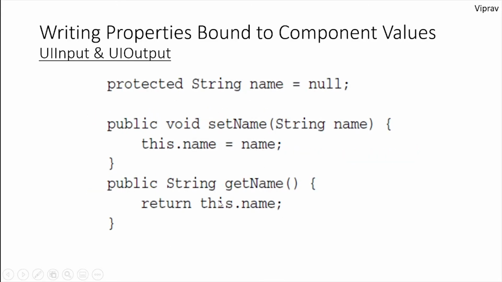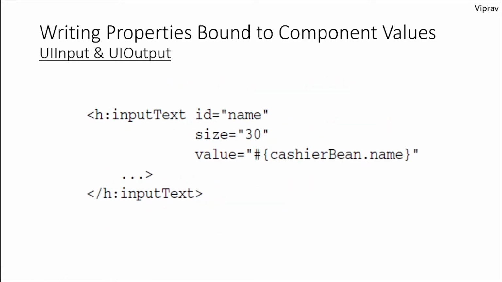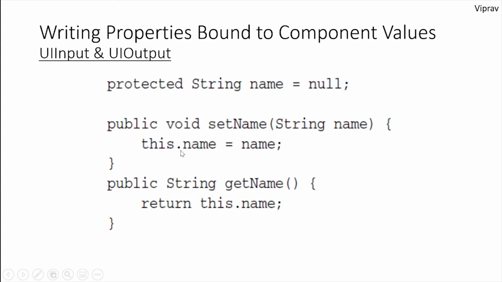Inside the cashier bean managed bean you have your property called name, and it has a set method which is setName, and it has a get method which is getName. So whatever you input into this text box, it sets using this setName method. If you want to get the name, then you use the getName method.